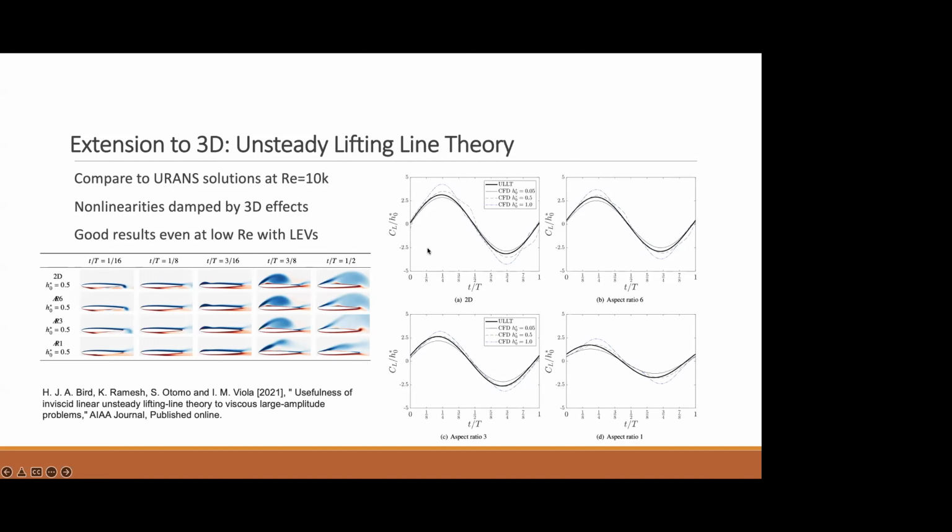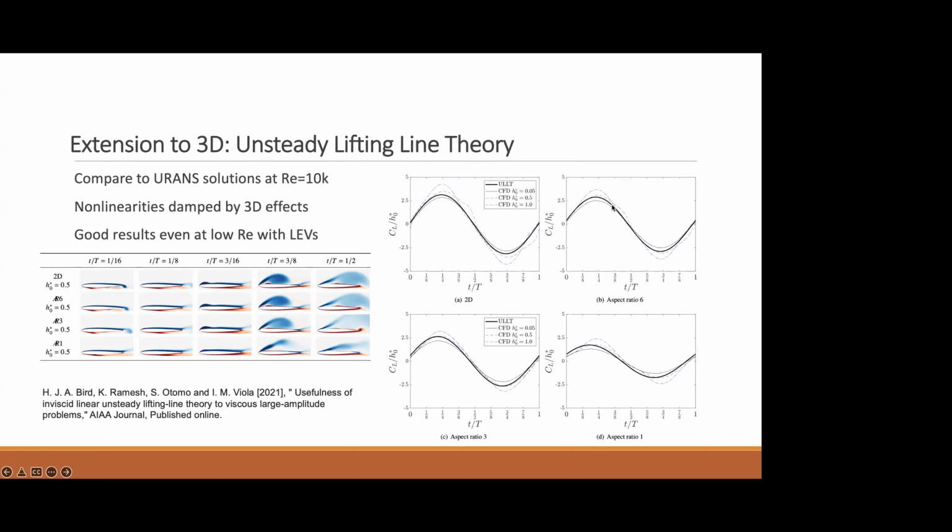Looking at the lift prediction in 2D, we see that there's a significant nonlinearity that comes about because of the leading edge vortex shedding. The ULLT agrees very well for the small amplitude case, but for the larger amplitudes, there's quite a bit of error.